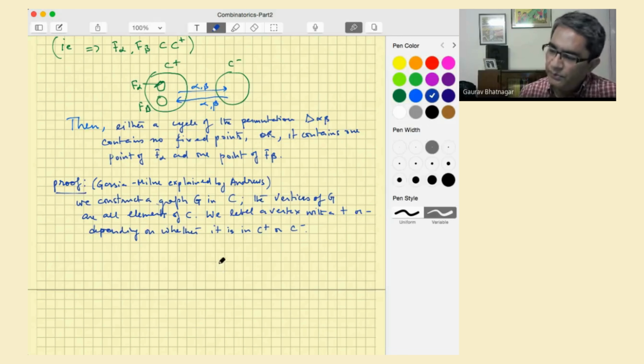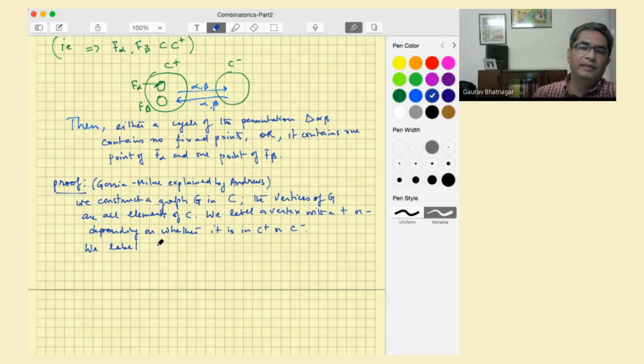Okay, so now edges. We make edges. We label xy an alpha edge if x and y are images of alpha.